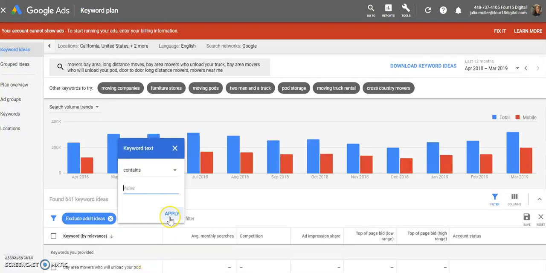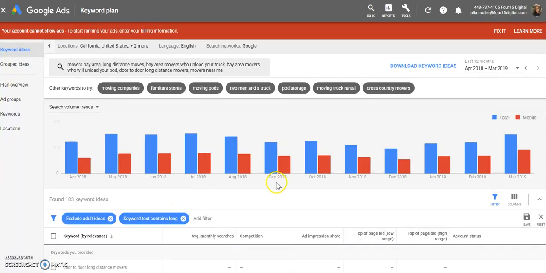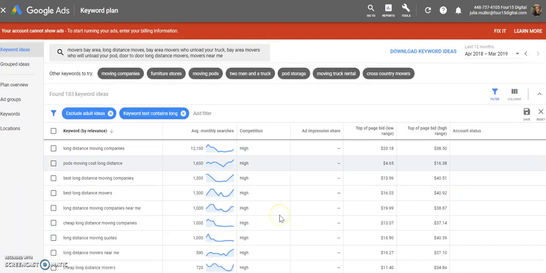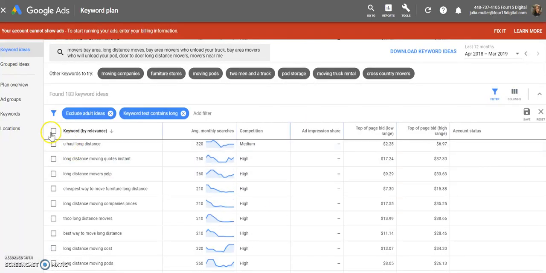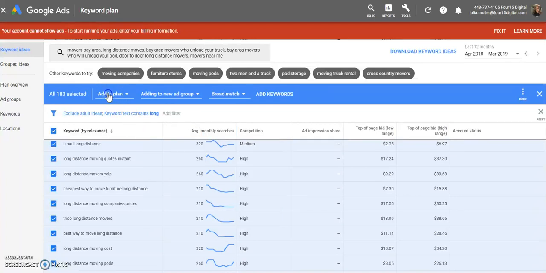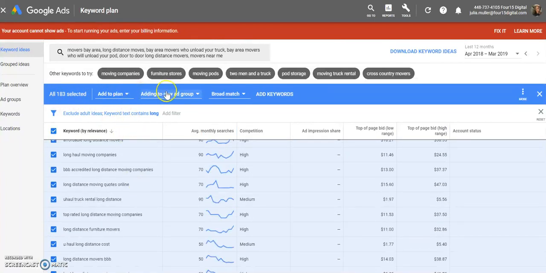What I can do right now is maybe search all of my keywords for, say, long distance. And at this point, I can organize all of them, all 183, into an ad group. I can create a new ad group, name it long distance, for instance, and decide on the match of my keywords.